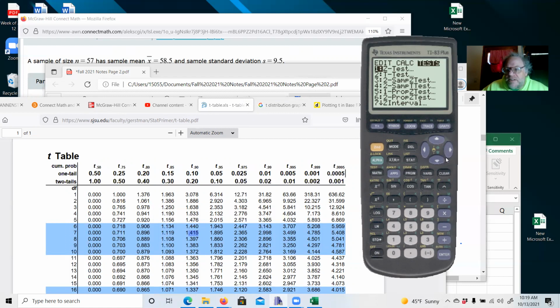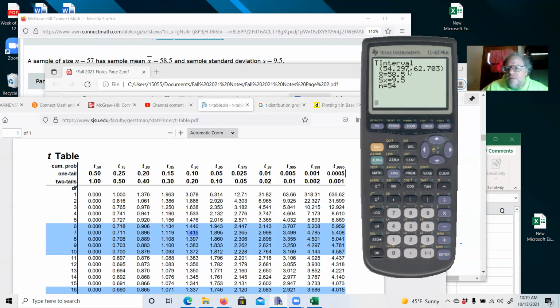We can go over here and say tests, type in T interval instead, keep everything the same, but go 54 instead of 57, and let's see what happens. So there's no reason why we can't do the experiment. What do we get?